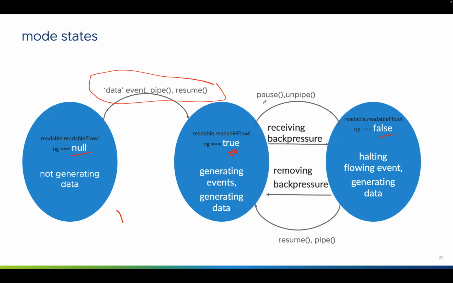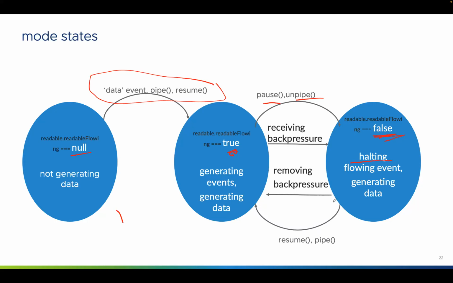When you call pause or unpipe, or it receives back pressure, it goes to the false state. It holds back the flowing events, but the generating of data is still continuing.